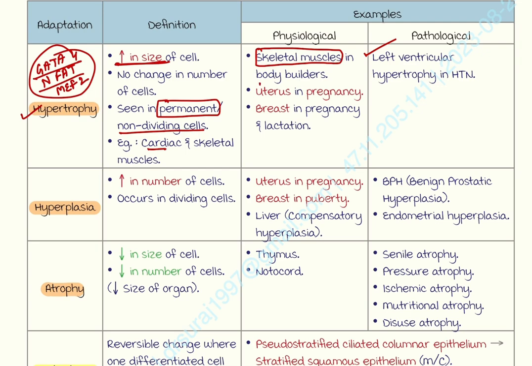You will see physiological hypertrophy and hyperplasia both in the uterus in pregnancy and the breast in pregnancy and lactation. Please remember those things. Also you can have a pathological one, like in bladder outlet obstruction by stones, you will see hypertrophy of the proximal segment.